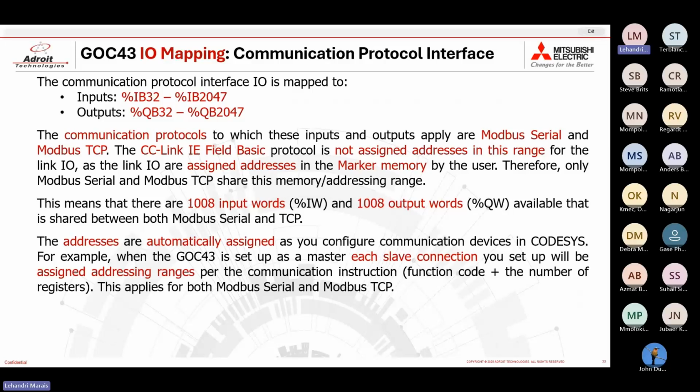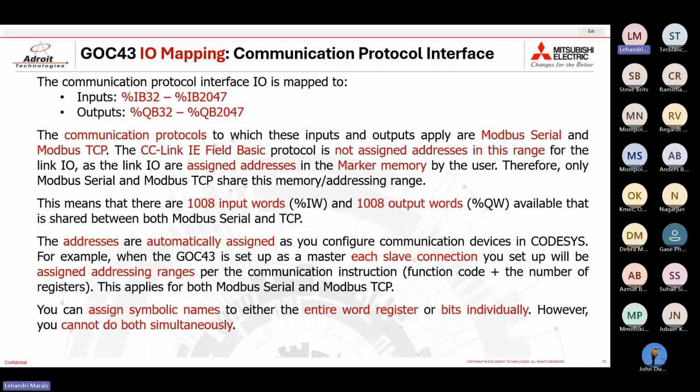So for example, setting up your GOC as a master, for each slave connection you set up, the addressing will be assigned automatically per the communication instruction. So that is per whether you are reading holding registers and how many registers you are reading or writing. This applies for both your Modbus serial as well as Modbus TCP.